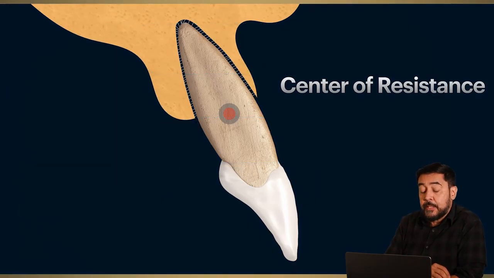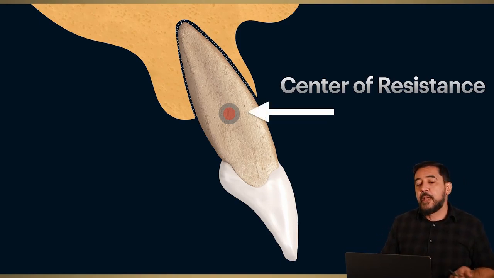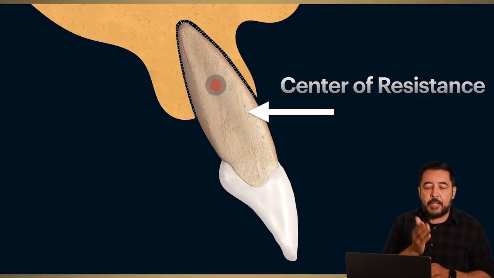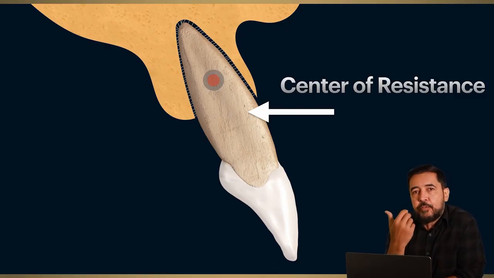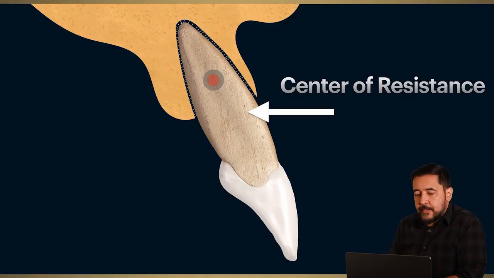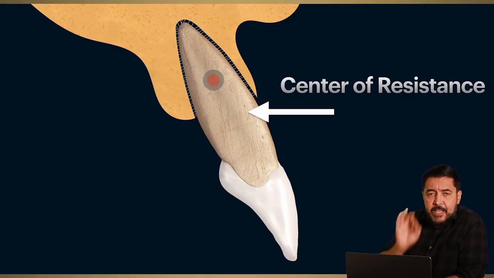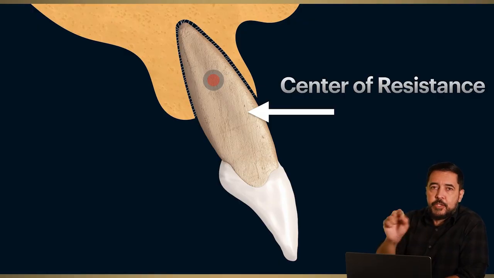This is important, because we have some situations in which our patient presents periodontal loss, bone loss. So is it the same center of resistance? No, it's not. It goes up, inside the bone. So if I want to apply a single force at the center of resistance of teeth with periodontal loss, I need to go up with this force.